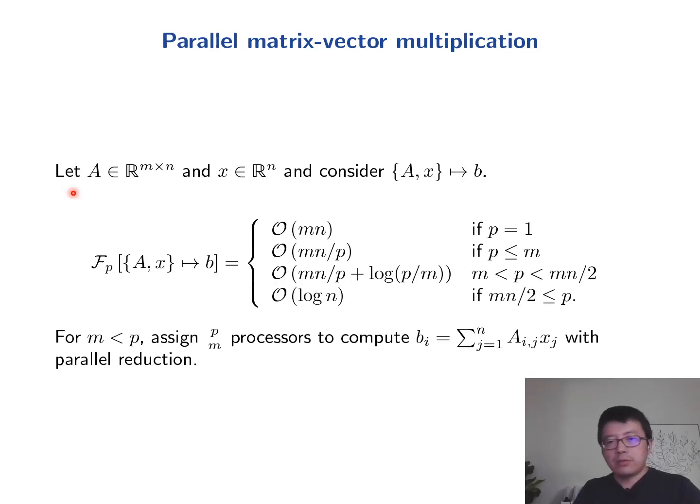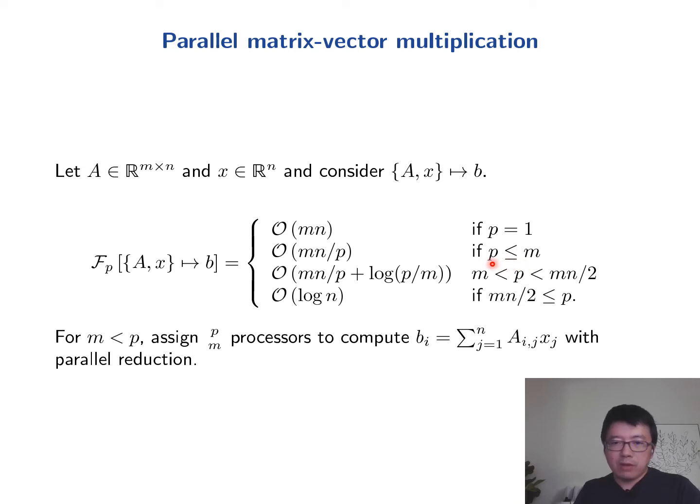We can extend the results of reduction from inner product to matrix-vector multiplication. So here we have an M by N matrix A and an N-vector x. We want to compute a vector b with M entries. When p equals 1, of course, it costs O(MN). When p is less than M, we can distribute the entries of b to the p processors.